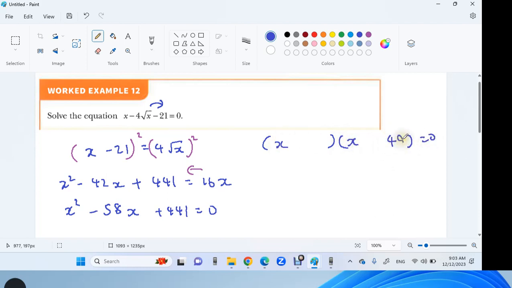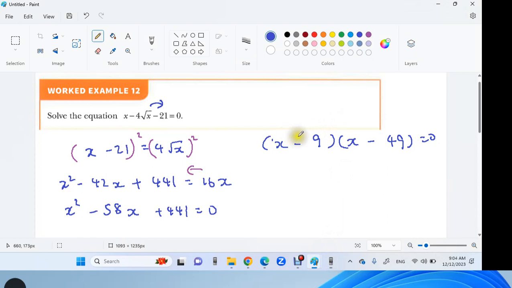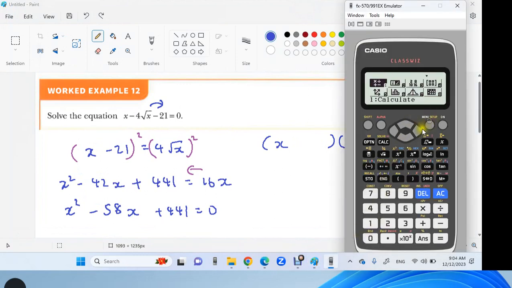Then we have 49 and 9, 9 times 49 is 196. Hey, wait, I made a mistake here. This value is very big, so I will use the calculator to solve it.